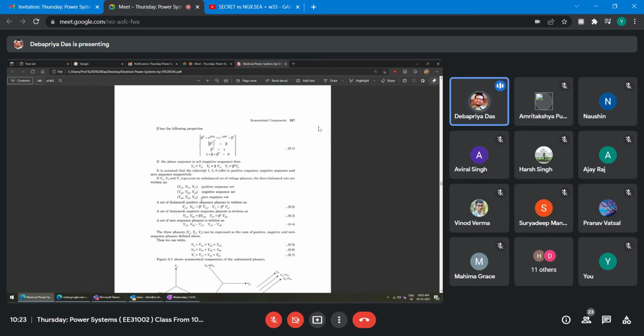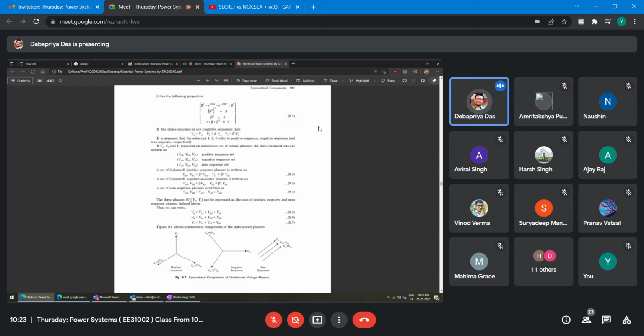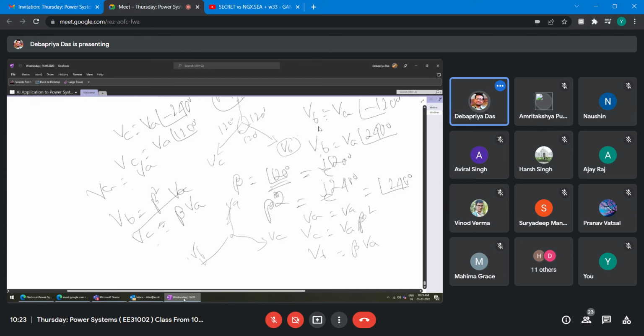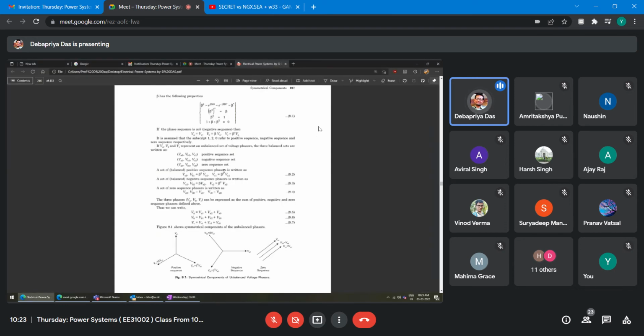For the balanced set, whatever we have just explained, VA1 will be there as the reference, VB1 will be beta square VA1, and VC1 will be beta VA1. It is a typographical error in the book, so VC1 should be equal to beta VA1.